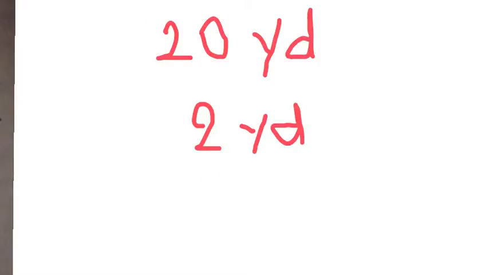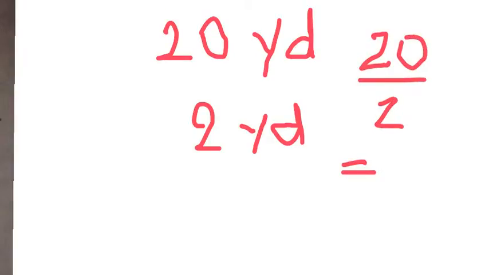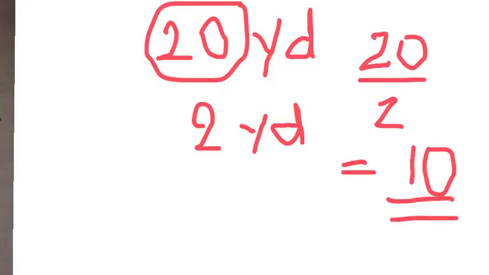Mathematically, what you need to do is divide 20 by 2. So in this case, the answer is 10. You can make 10 shirts out of the 20 yards you have, since each one requires 2 yards. So the operation we need to do here is division. There is no doubt about that.